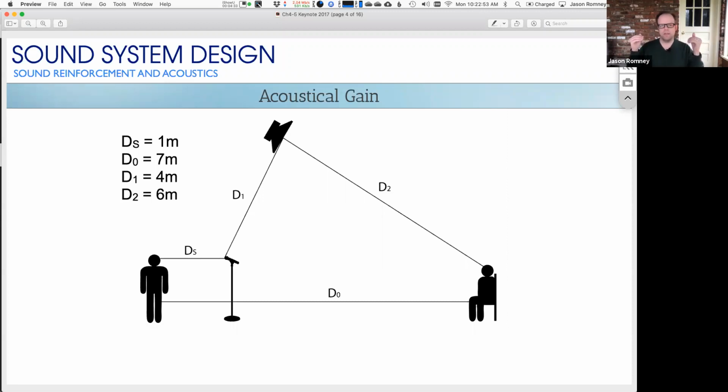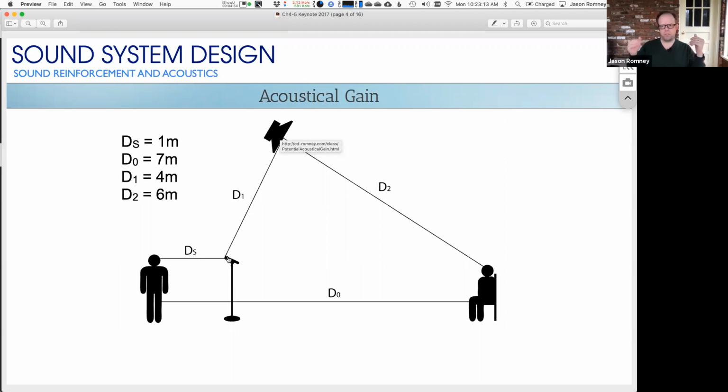I said to you that feedback happens when the sound from the loudspeaker gets to the microphone and hits the microphone at the same level as the sound from the talker. When those two sounds hit the microphone at the same level, that's when feedback happens. So let's work through this a little bit.